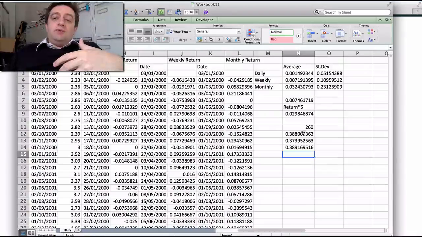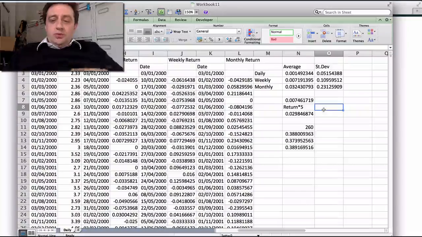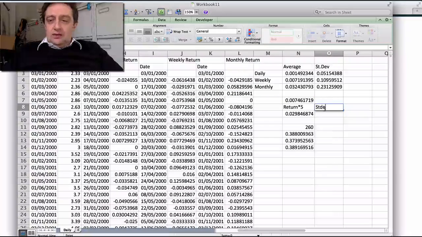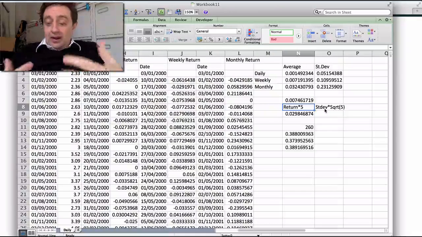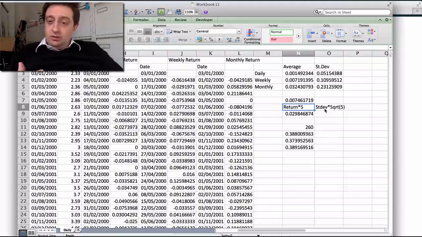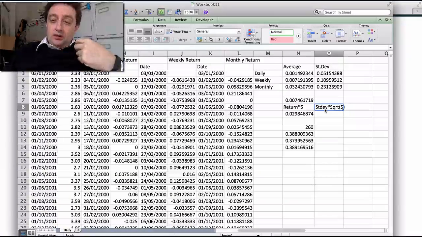We can do the same thing for standard deviation. It's a slightly different formula. The formula we use is the standard deviation multiplied by the square root of the number of periods. So instead of just multiplying it by the number of periods, which you do for the average return or the mean return, for the standard deviation, you've got to multiply it by the square root.